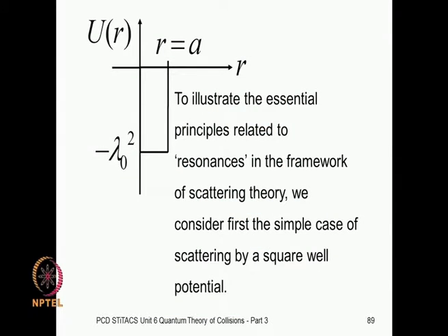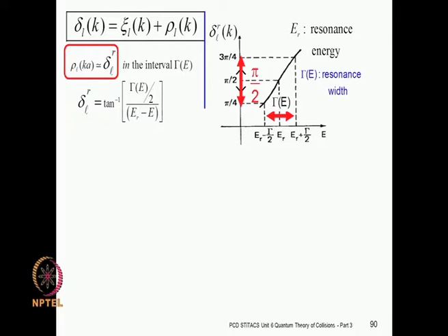So, we will take the example of this square well potential, and we will discuss our phenomenology in the context of a very simple potential. The actual potentials that we have to deal with are much more complex, but this is the easiest example. So, let us take up this example, and here you now have this resonance width.